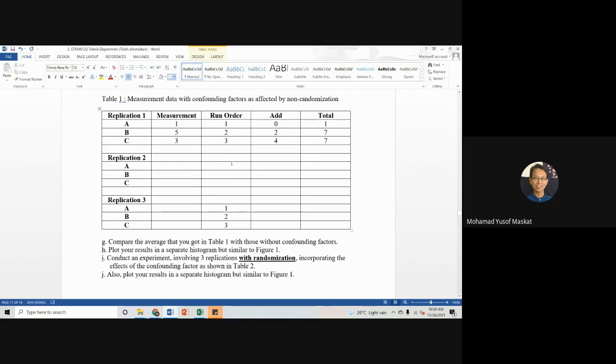So maybe, for example, you get 3 first, and then 1, and then 2, and for this one, maybe you get 1, and then 3, and then 2.